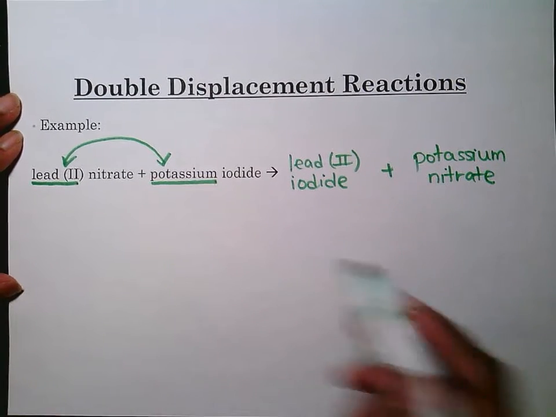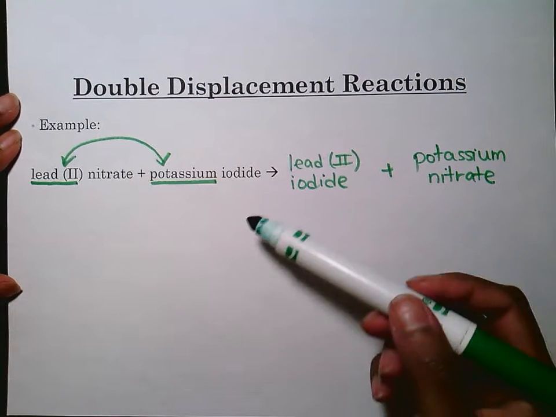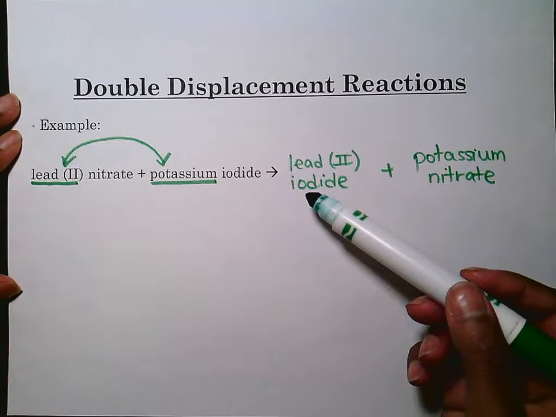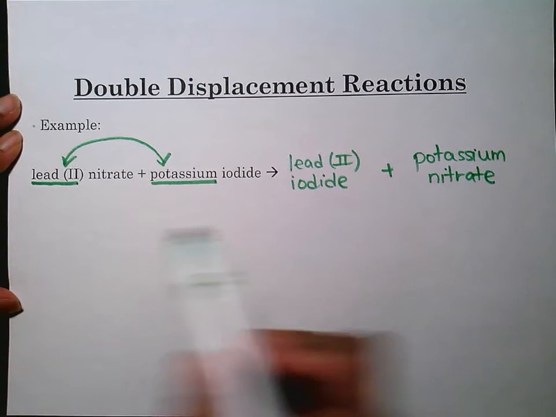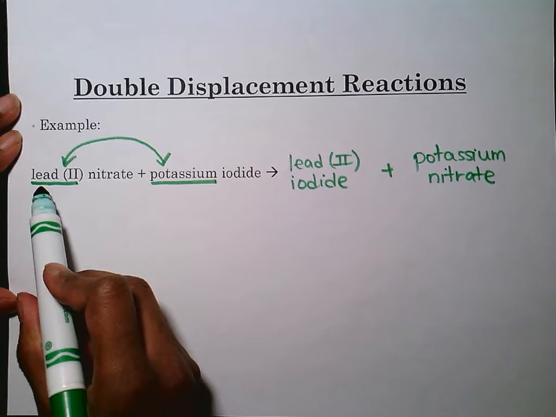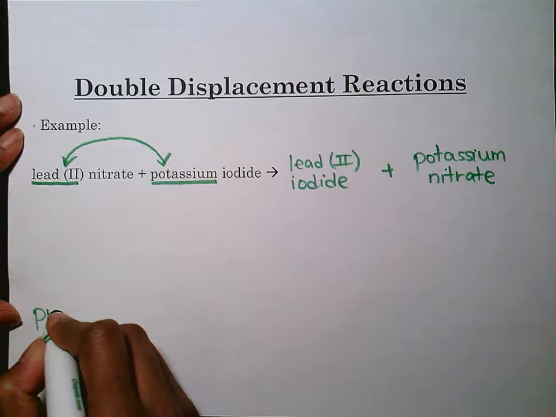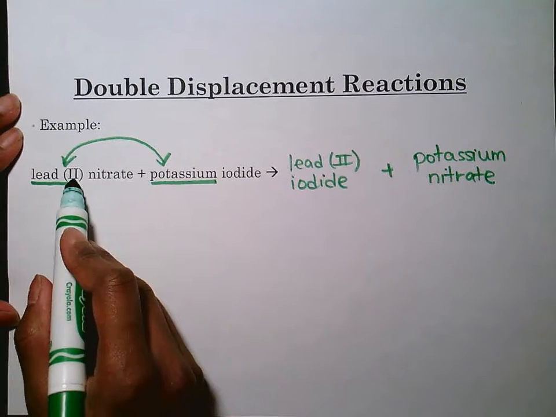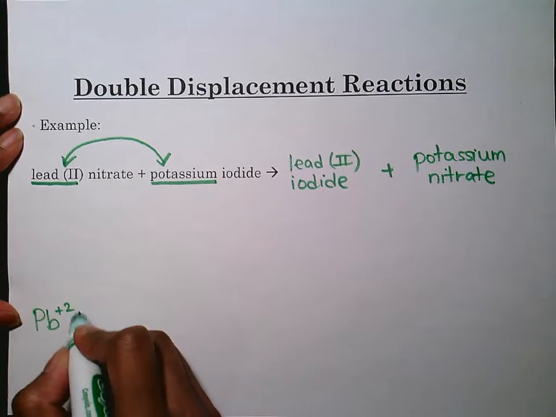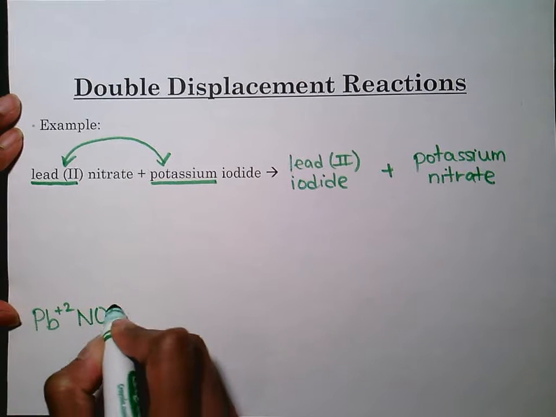So that is our word equation, and now you want to convert this word equation into a chemical equation. So you're going to crisscross your charges, so lead 2 and nitrate. So remember it's Pb +2 now, and nitrate you're going to look on your periodic table. -1.